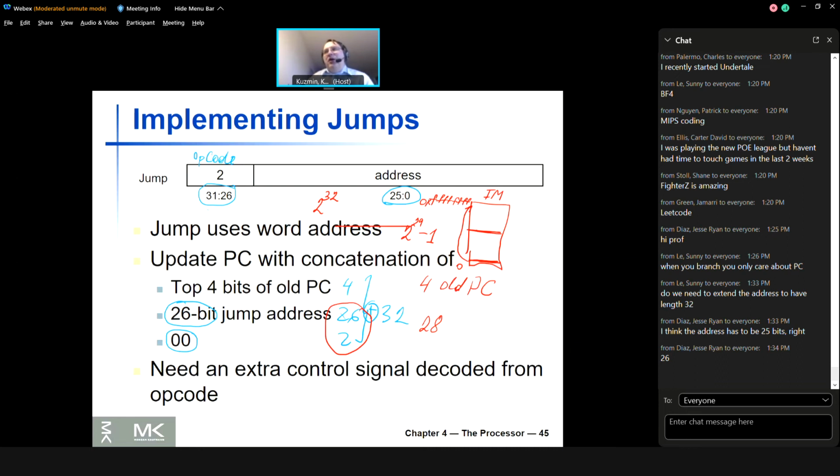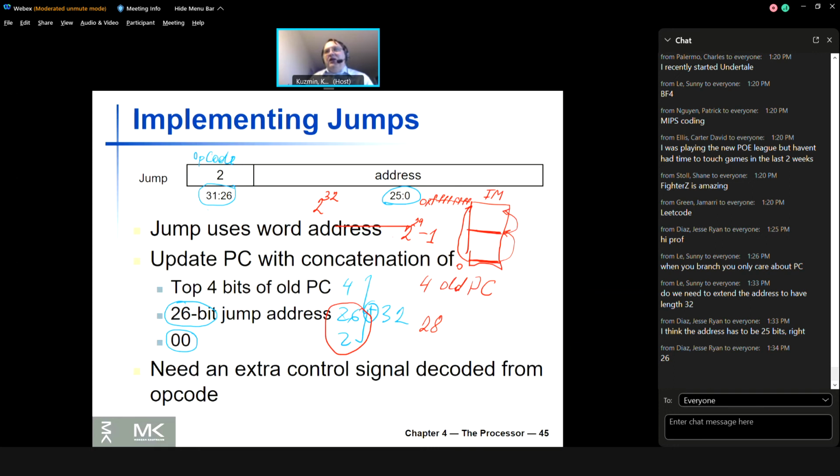Because programs are rarely so large as to require jumping very, very far. And even if you encounter such a case, a compiler can easily work around it. For example, it can jump to somewhere within its reach, and then put an instruction there which is another jump, and it can jump from there.